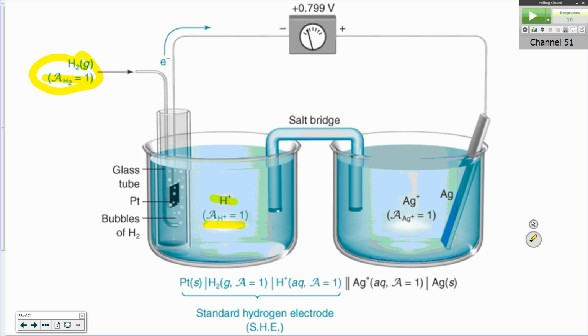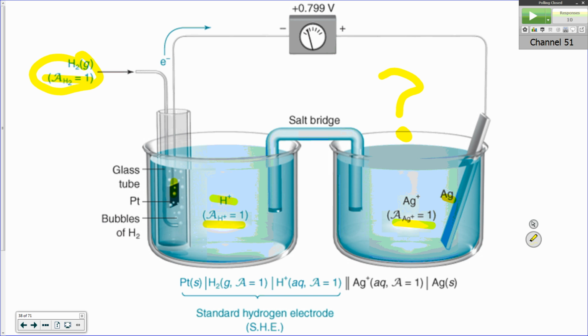But you're bubbling this hydrogen gas across this electrode. Some of it gets reduced or oxidized depending on what's occurring in the system. You hook this up to whatever other system you're going to measure. In this case, I'm hooking it up to the silver cation with a silver electrode and an activity of 1 molar.